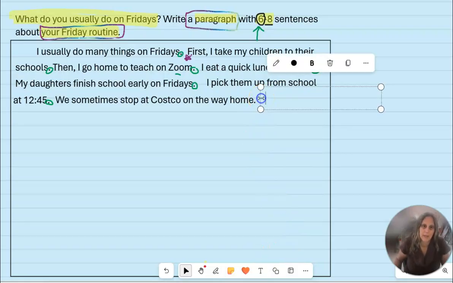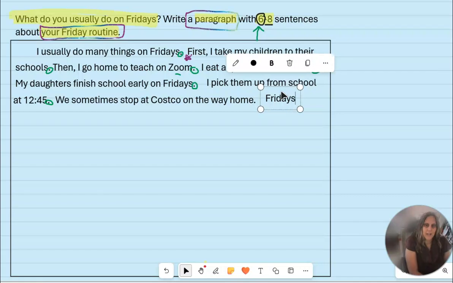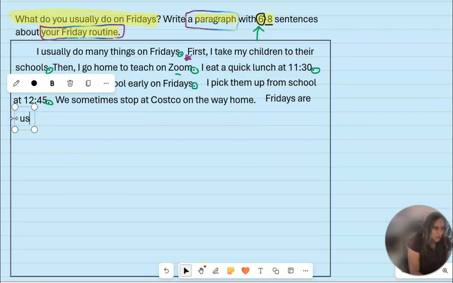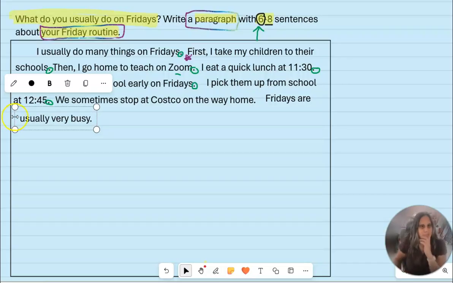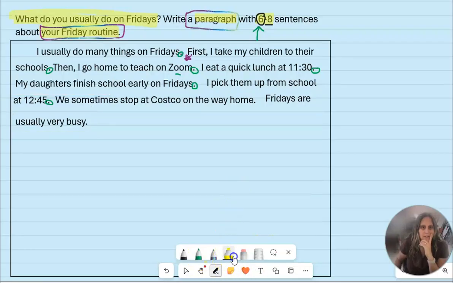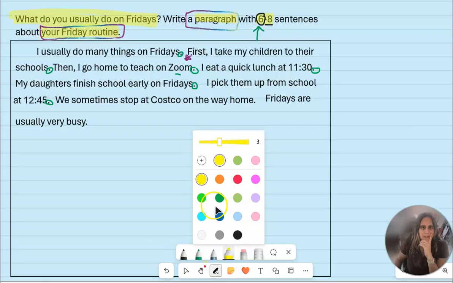It connects back to the topic. And so I could say, Fridays are, it's not going to fit. So new line, Fridays are usually very busy. And that is a good place to stop. So then I have now a conclusion.